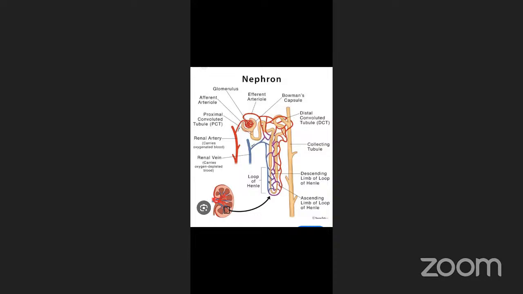So majorly, the function of the loop of Henle is absorption of sodium chloride ions, that is salts generally, and absorption of water. A lot of water is reabsorbed back at the loop of Henle.